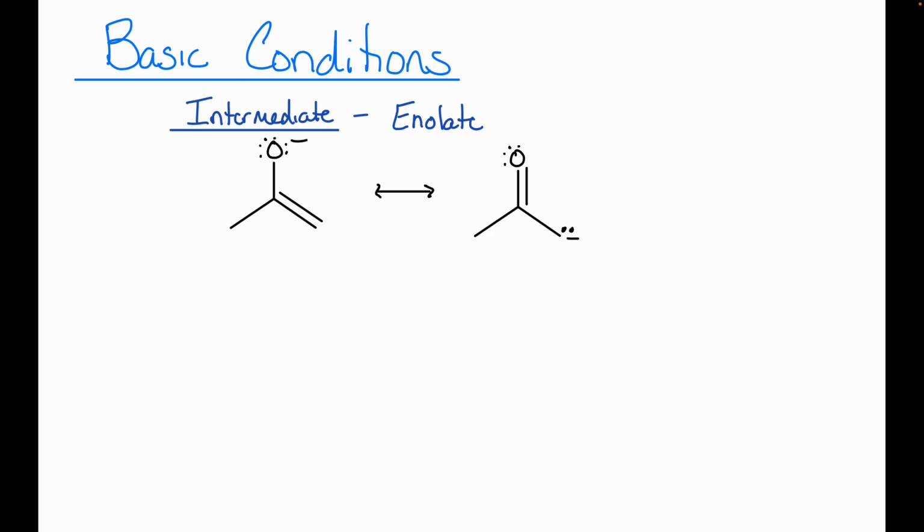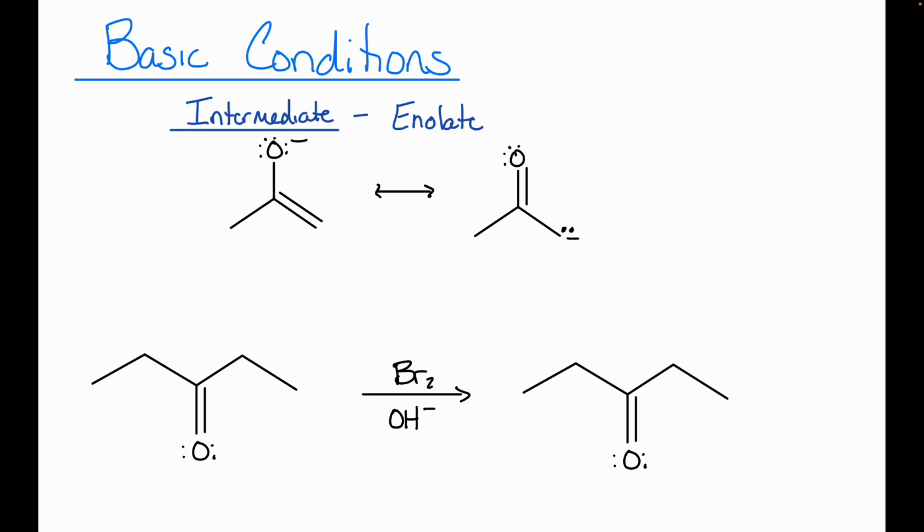All right, so it turns out that under basic conditions, this reaction doesn't just stop with a single bromination event, but rather all of your alpha hydrogens will be replaced with bromines. So we took this ketone here, 3-pentanone, and we treated it with bromine under basic conditions. We would fully brominate those two alpha carbons.